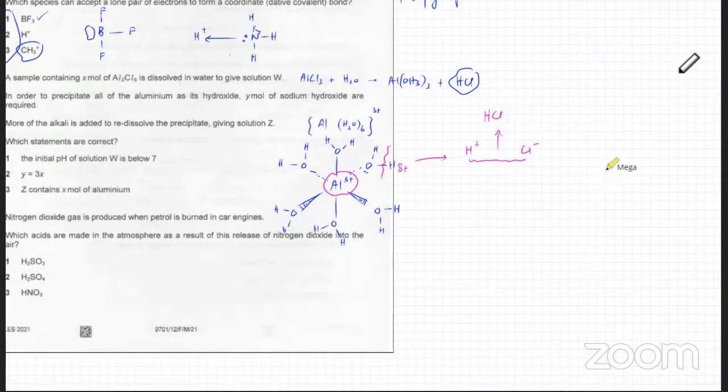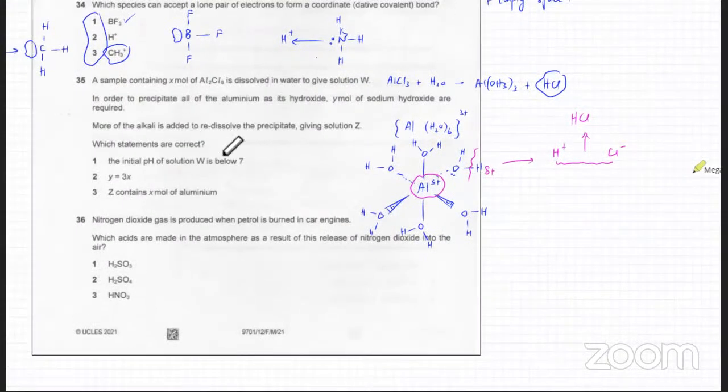So you get an acidic solution, and the water molecule continues to get hydrolyzed. The OH- gets attracted, the H+ gets repelled, and in the end you get aluminium hydroxide. So the initial pH of solution W is below 7. That one is true.